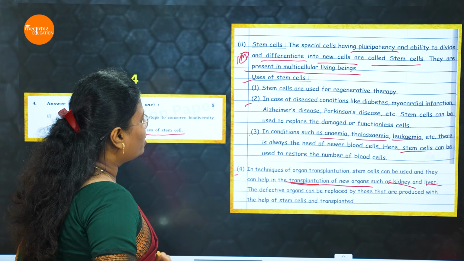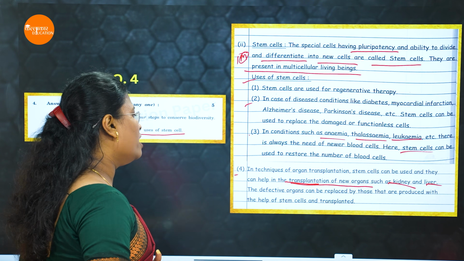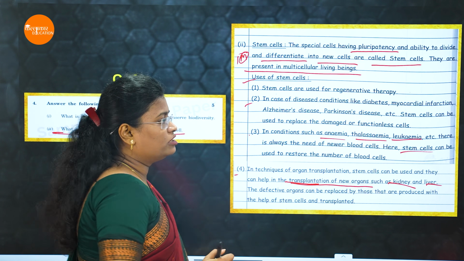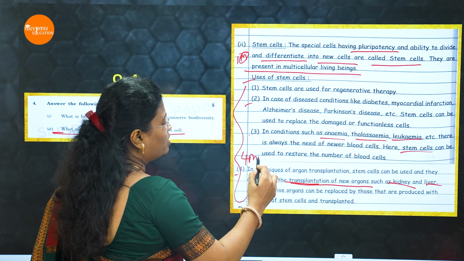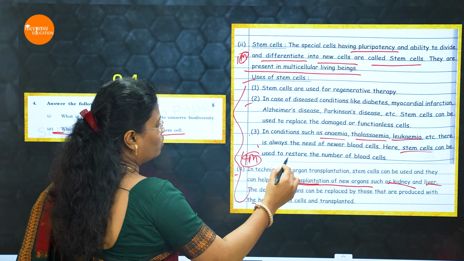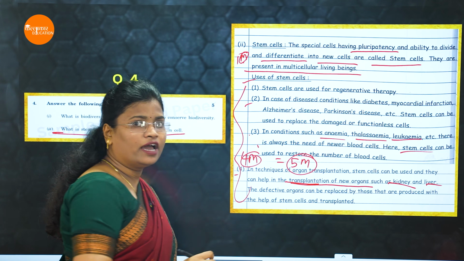The defective organs can be replaced by those that are produced with the help of stem cells and transplanted. For this you will get 4 marks and 1 mark here. So in total you will get 5 marks for this entire answer.